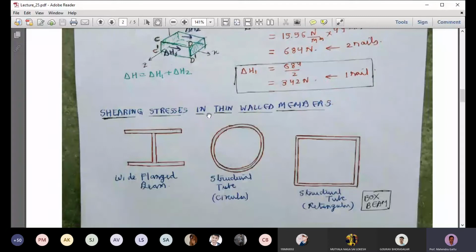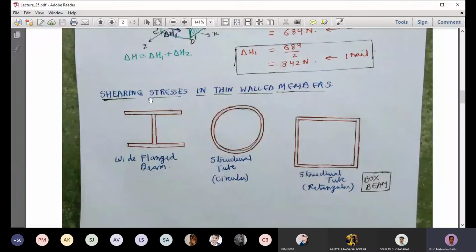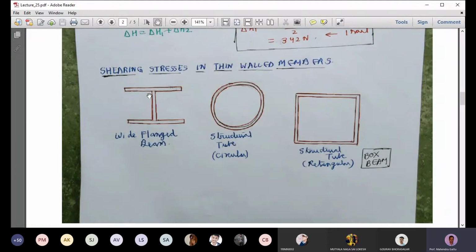We can use this concept for analysis of shearing stress in thin wall members. Here we have a wide flange beam. This is the flange, and here also is the flange, and this portion is the web. The thickness of the flange is very small compared to the depth of the section, and the thickness of the web is also very small.